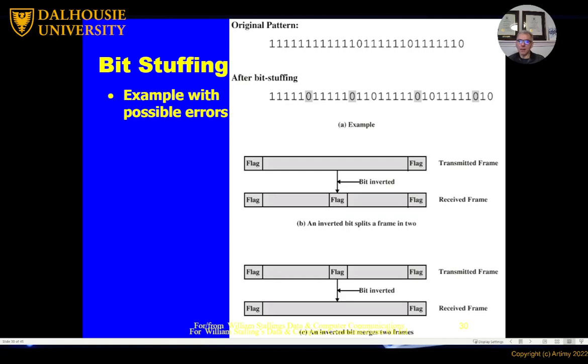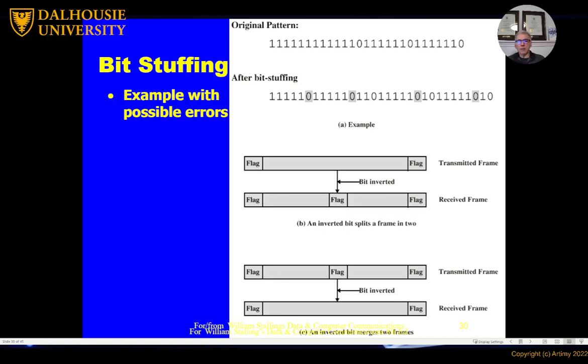Every time I see 5 ones, I have to insert a 0 to break the sequence. So here I count 1, 2, 3, 4, 5, and insert 0, and then count again 1, 2, 3, 4, 5, and I insert 0, and then count 1. Here's already a 0, so I don't do anything. And here I have 6 zeros, so I have to insert a 0 to break the sequence.